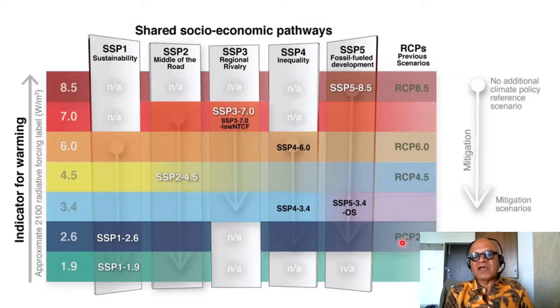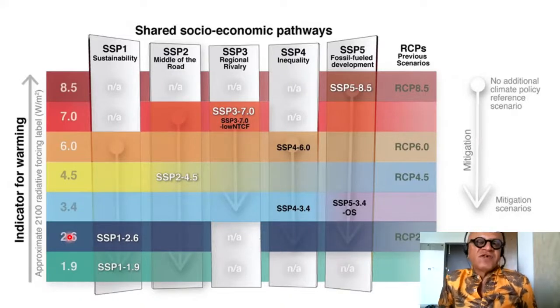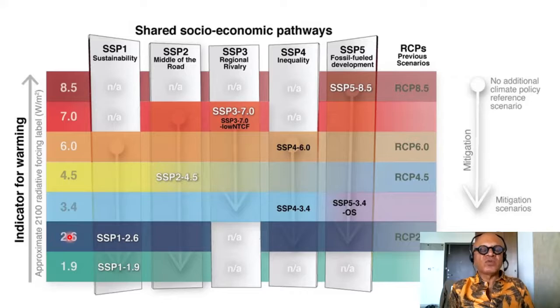CMIP5 had only down to 2.6, but there's been debate about whether 2 degrees C is safe enough as a global warming target for 2100. So 1.9 has been added, and you have shared socioeconomic pathways on top that go from sustainability, middle of the road, regional rivalry, inequality, and fossil-fueled development. There are lots of details in what they mean, so you can go and look those up, but for our purpose we will just focus on these.